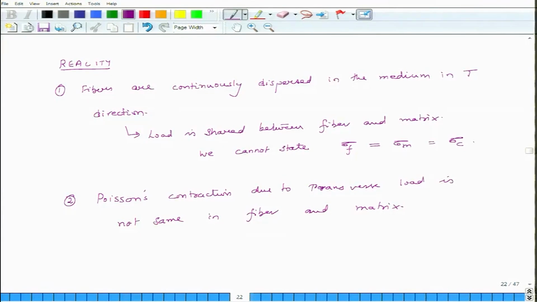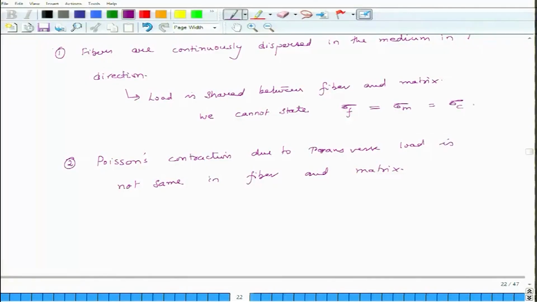So, what does that mean? Typically, so one part of the material will expand less, other phase will expand more or contract more, and so on and so forth. So, what this means is that fiber and matrix, because they are not in the layer, they interact very tightly with each other.